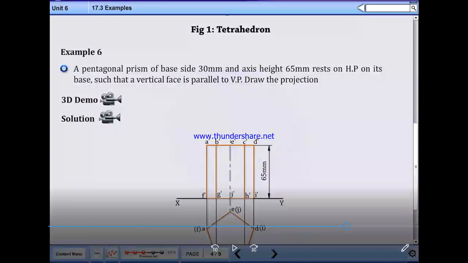This will be explained with 3D view demo and then the solution in 3D view, how the tetrahedron is available as given according to the problem will be explained.